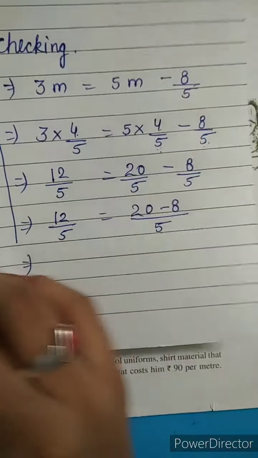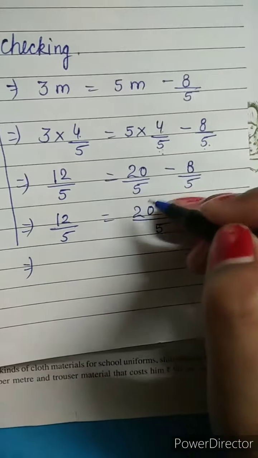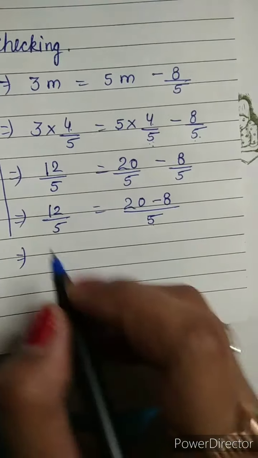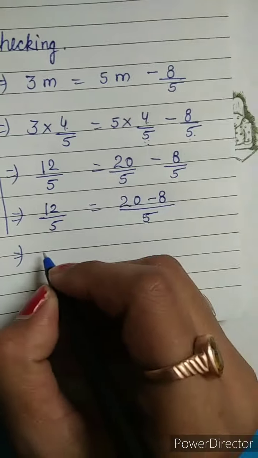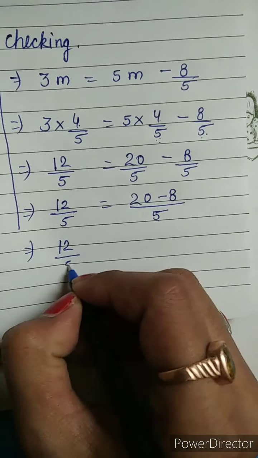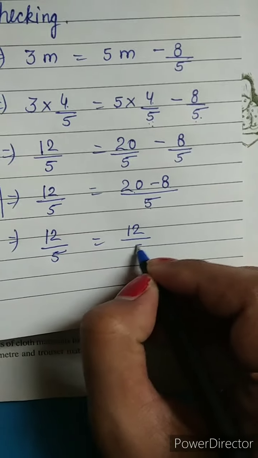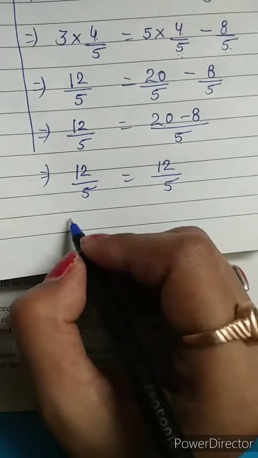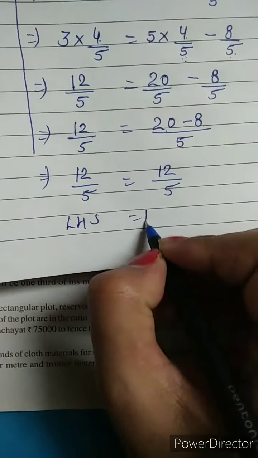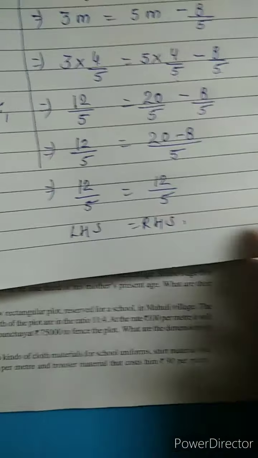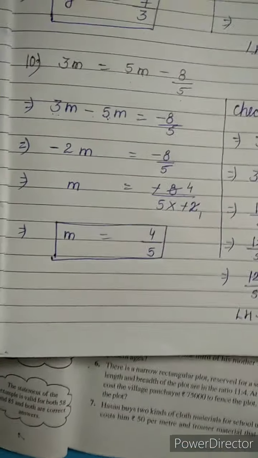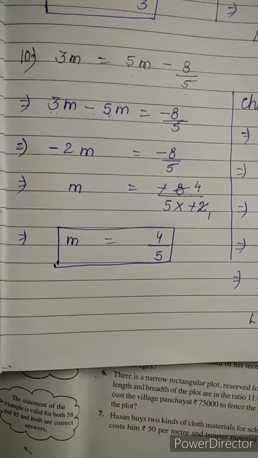That would also be right, but for a short solution we are not cutting it. So 12 by 5 is equal to 20 minus 8, which is 12 by 5 as it is. Now we can see LHS is equal to RHS. It means the m value 4 by 5 is the correct solution of the question.